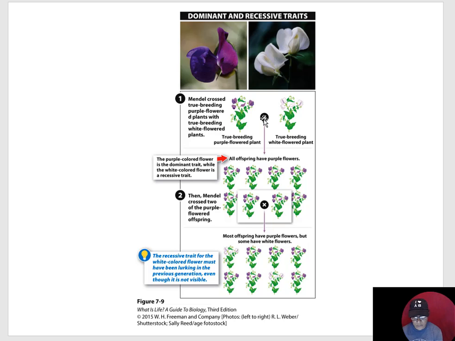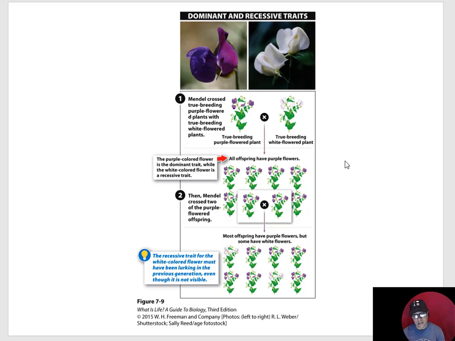So he bred true breeding purple flower plants with true breeding white flower plants, and he noticed that the purple color is the dominant trait, while the white colored flower is a recessive trait. That means whenever that purple trait is present in the offspring, it's going to be the trait that is expressed phenotypically, right? Even though the white flower gene may be there, okay?